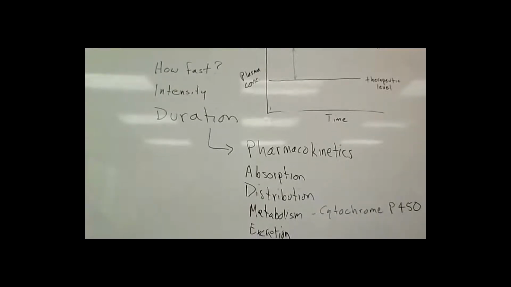Age. We all know that we've been told repeatedly that children and the elderly have different responses to drugs. A lot of that has to do with the fact that in children, the P450 system is not really well developed. It develops as the liver is challenged by drugs, by food, by all the things that it metabolizes.